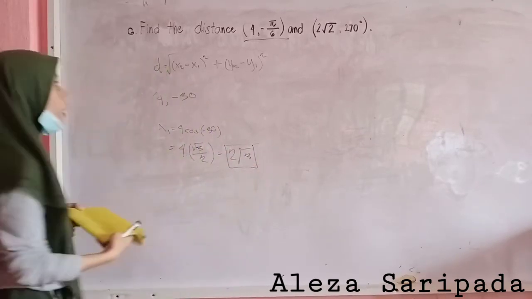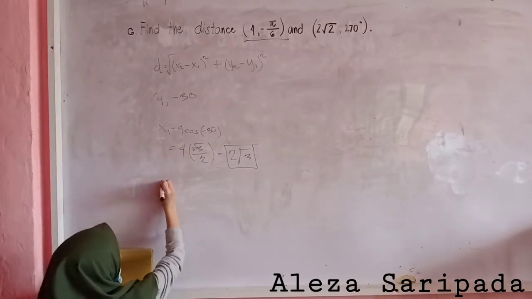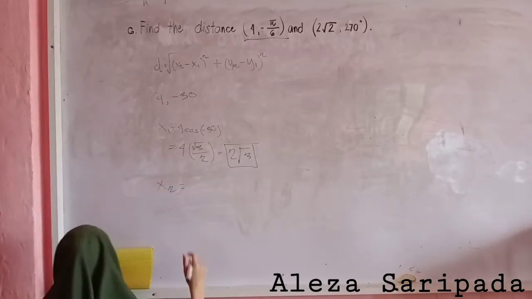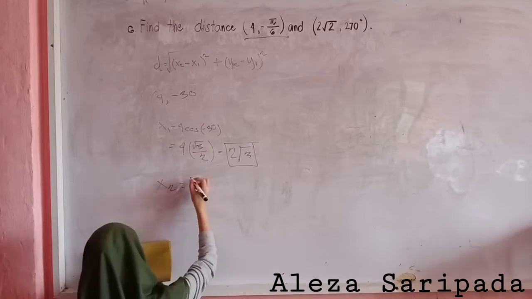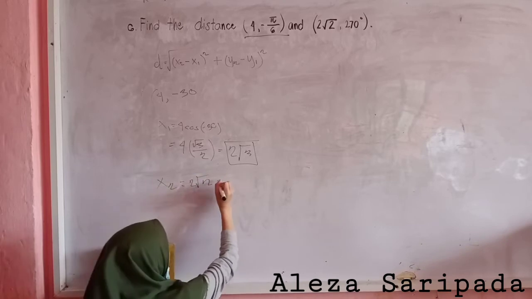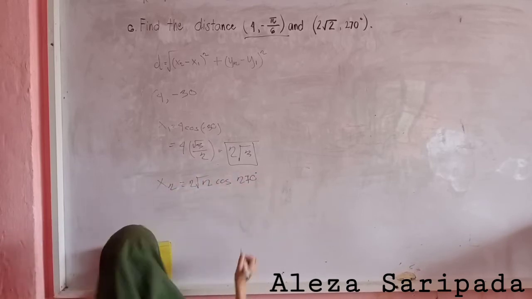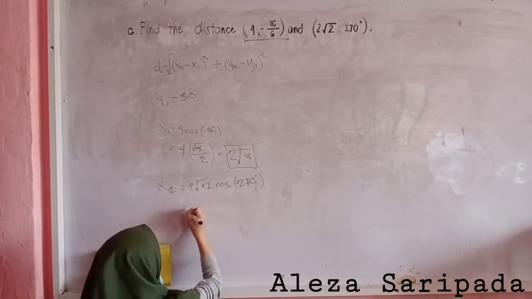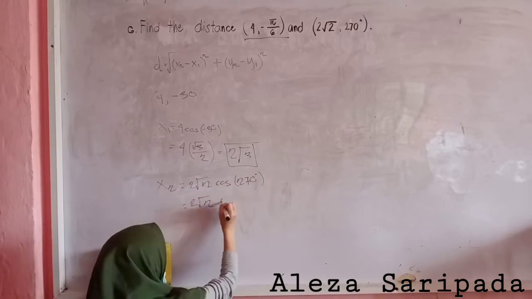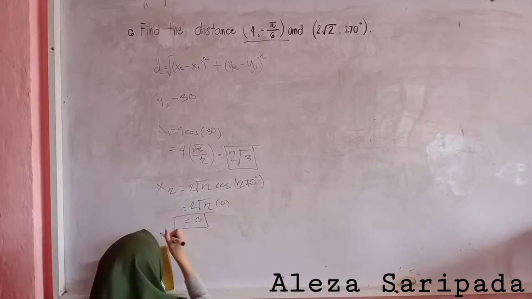These are x sub 1. Then next is x sub 2 equals 2 square root of 2 cosine 270 degrees, equals 0. This one, 0, is x sub 2.